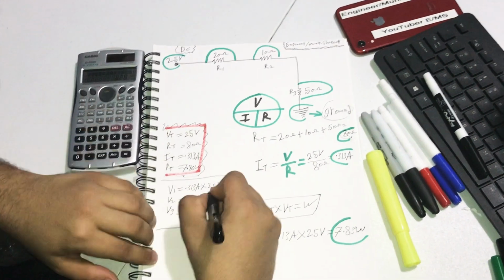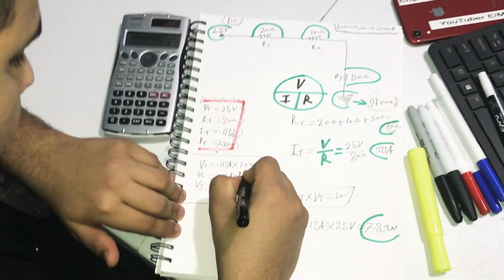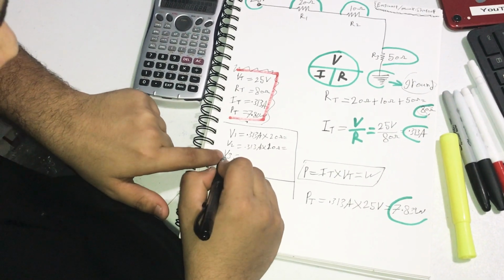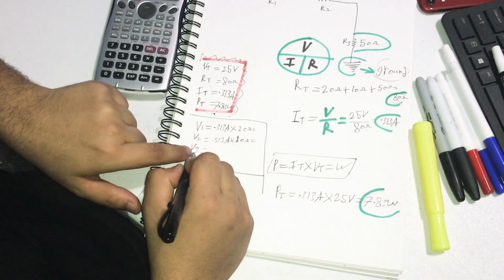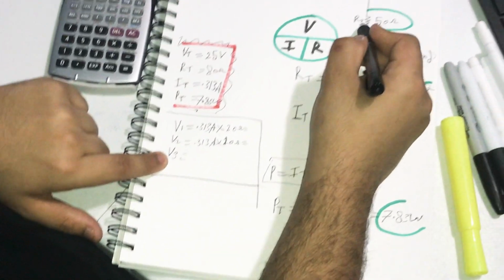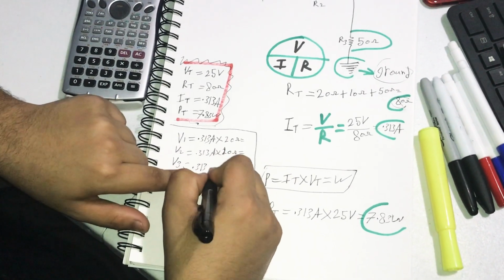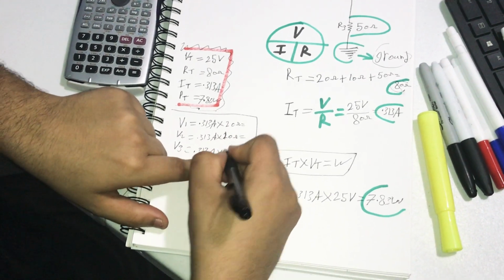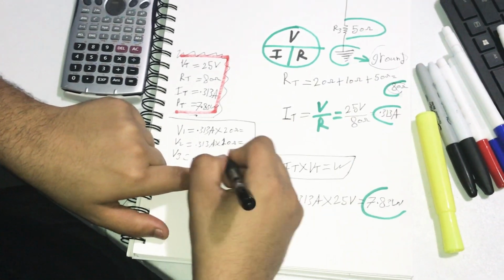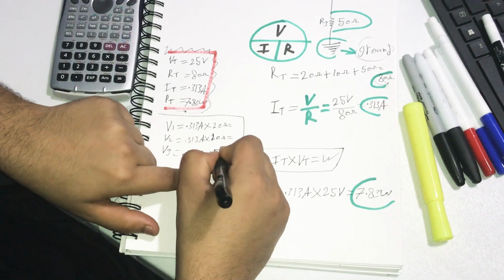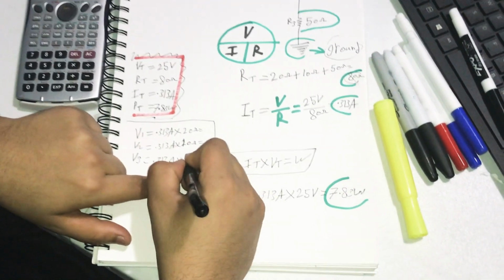My bad, I apologize. 10 ohms. And V3, which is the voltage in resistance number 3, is 0.313 amps times what? 50 ohms.